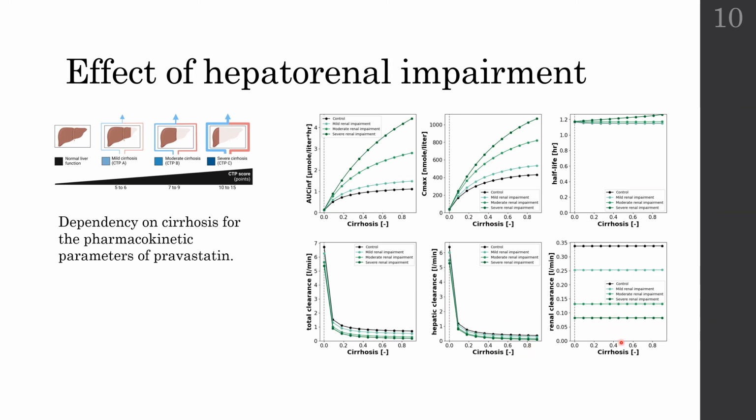In turn, we can see that renal clearance is greatly affected by renal impairment, but not by cirrhosis, which really makes sense since the kidneys are impaired, and so will the renal clearance. And since renal clearance only contributes about 10% to the total clearance of pravastatin, only a minor effect on the total clearance can be observed, since the liver is able to compensate for the renal impairment.